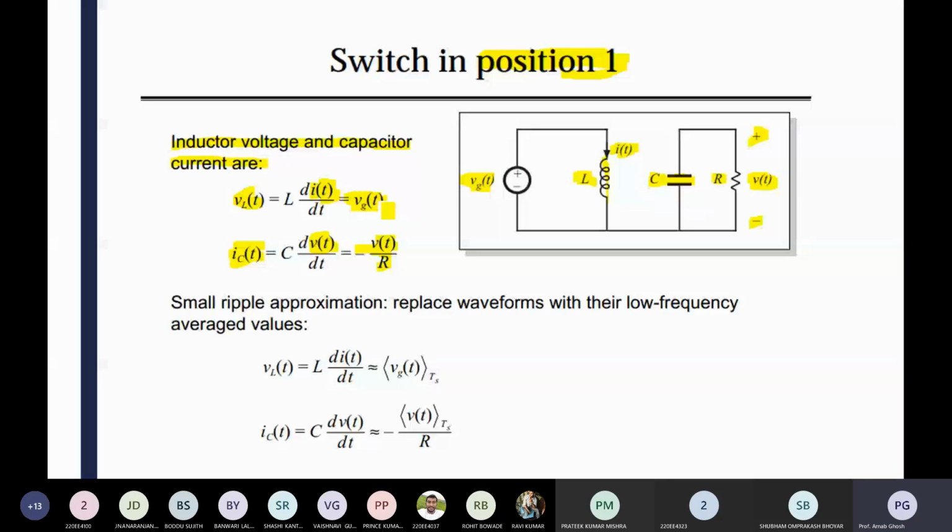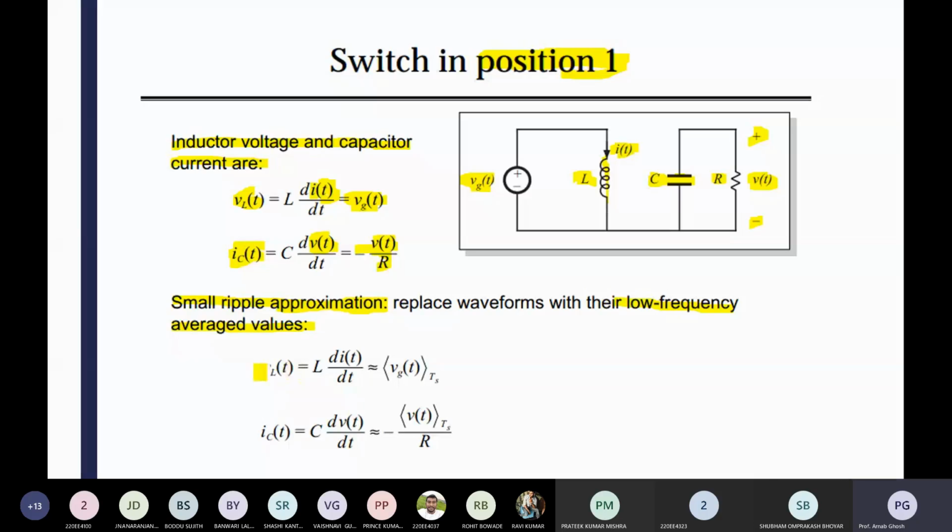Okay, so here you can see the state equations, where your output voltage by R is your current. So we are using KVL. Now we can approximate the ripple values and replace the waveforms with the low frequency average value. I told you that we approximated it, so the high frequency ripple we can neglect.